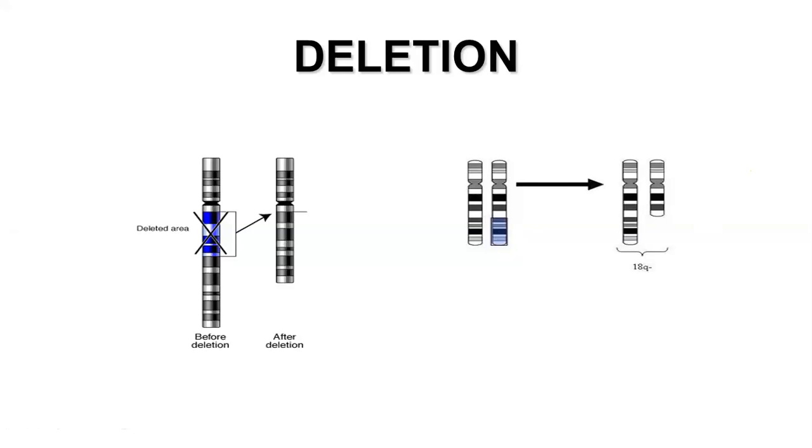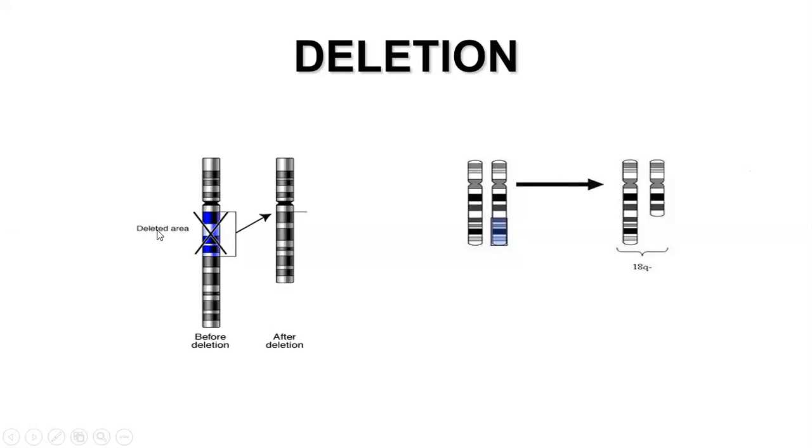If you closely observe both the diagrams, you can see that in the first diagram, the chromosome is breaking twice, here as well as here. Due to this double break, the middle part of the chromosome is deleted.